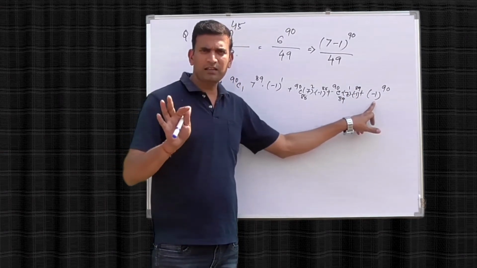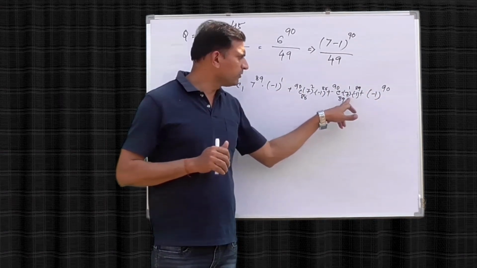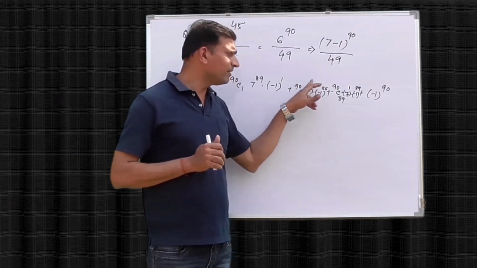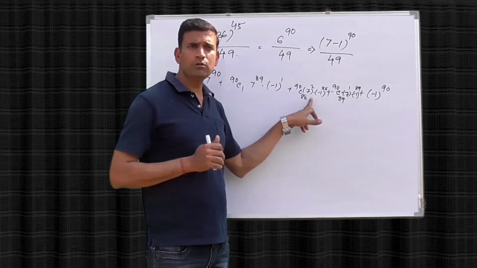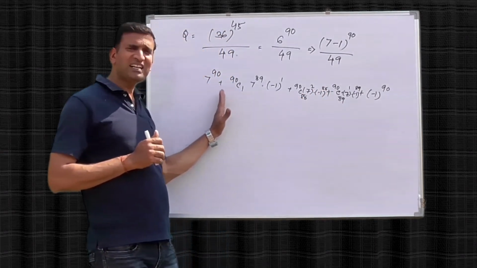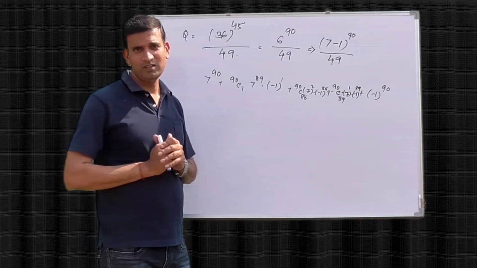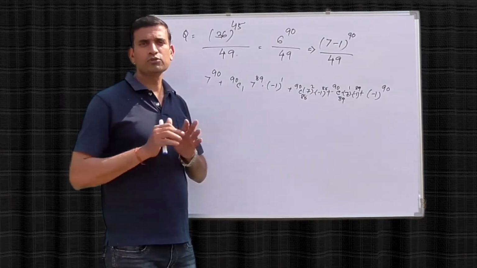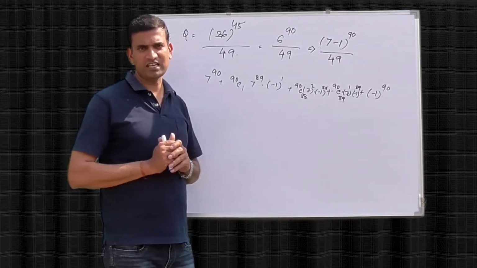In the last one we are not having anything as 7, simply minus 1 to the power 90, which is plus 1. Just before that we have 7 to the power 1, and before that 7 to the power 2. So up to this much, every term is completely divisible by 7 square. Only the last two terms are not divisible.